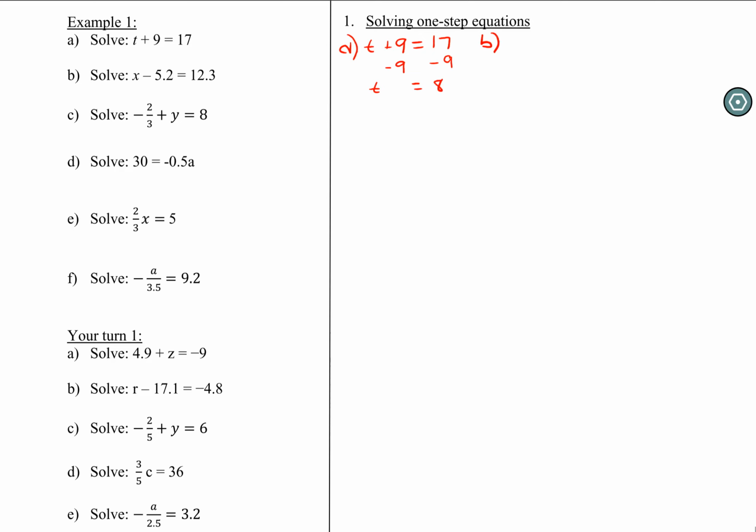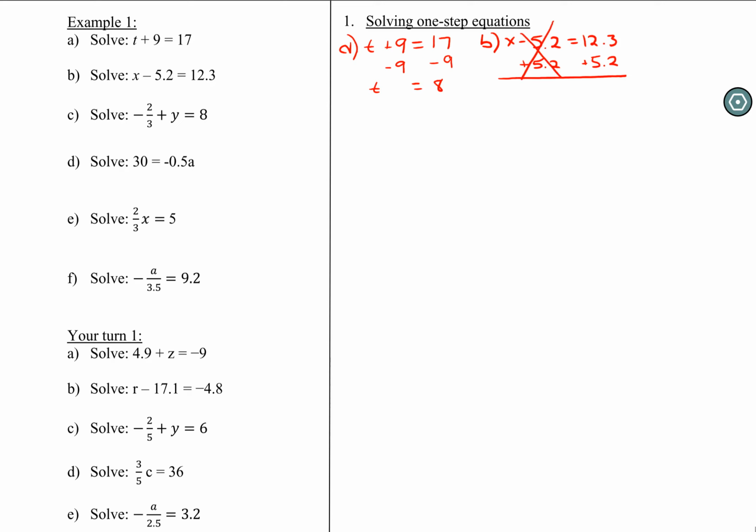We can look at B. B, we have x minus 5.2 is equal to 12.3. There is subtraction here, a minus 5.2, so to get rid of subtraction, I'm going to add 5.2. And I'm going to add 5.2 to both sides of my equation. Now these cancel out.